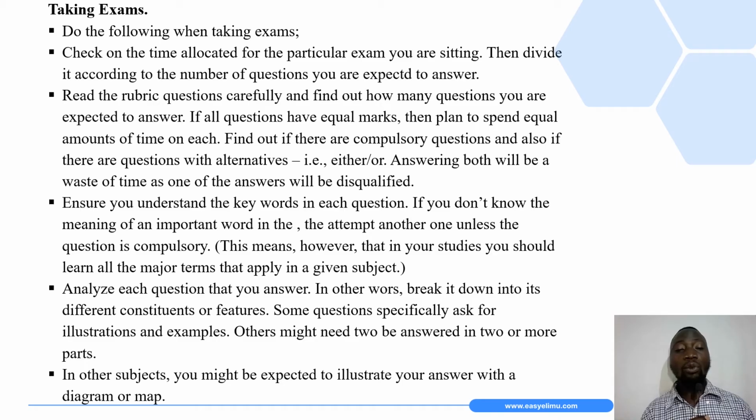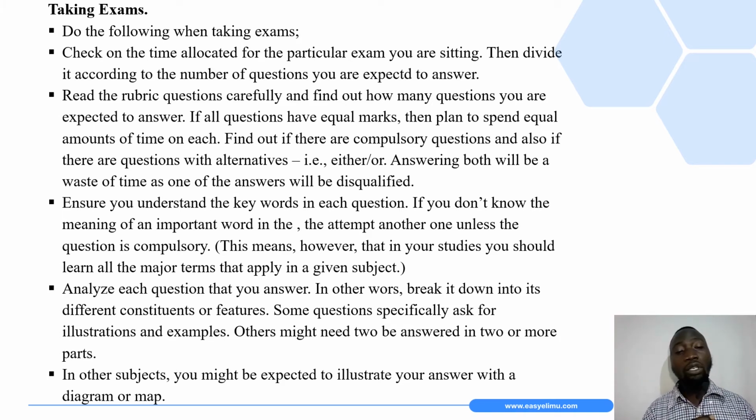Questions with alternatives contain words or phrases like or, either or, etc. Answering both will be a waste of time, as one of the answers will be disqualified.